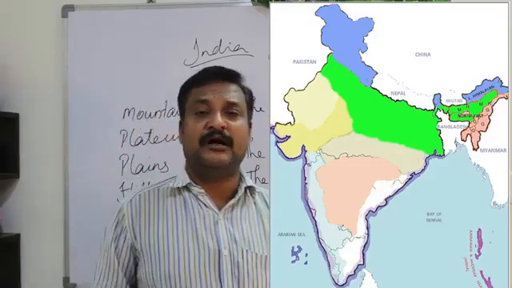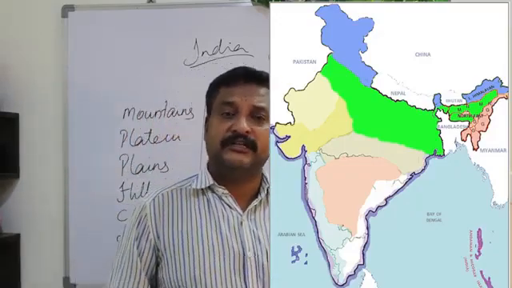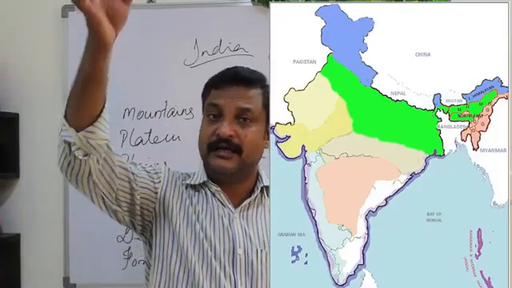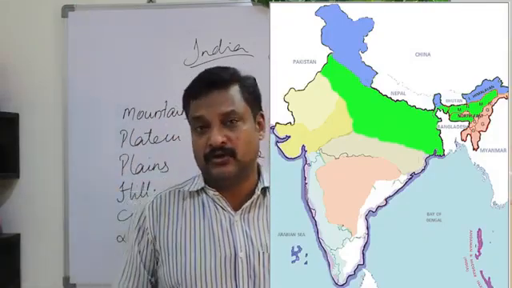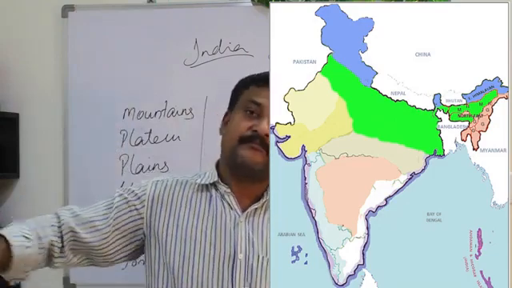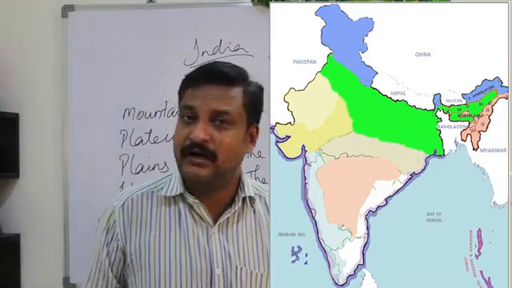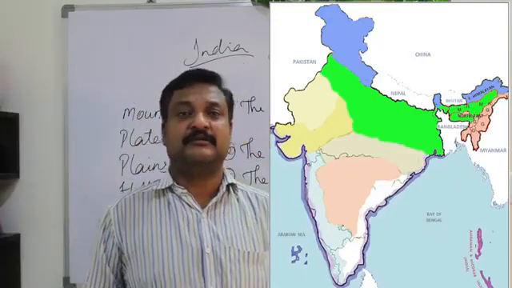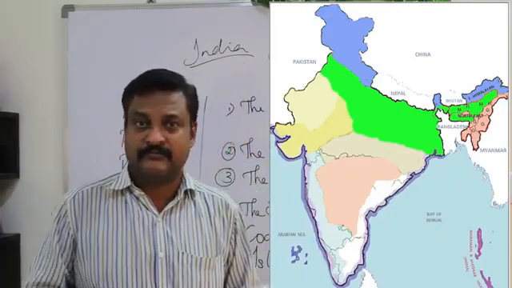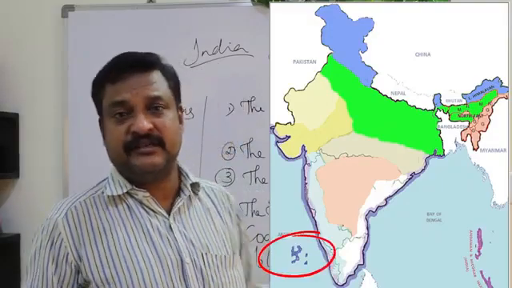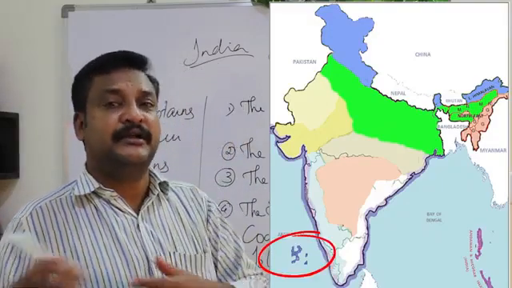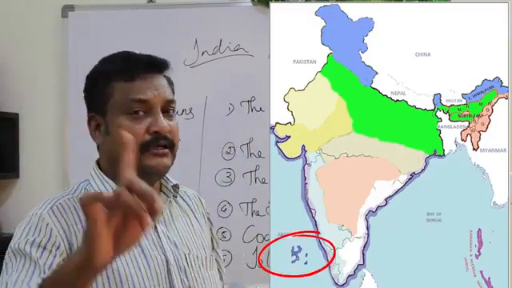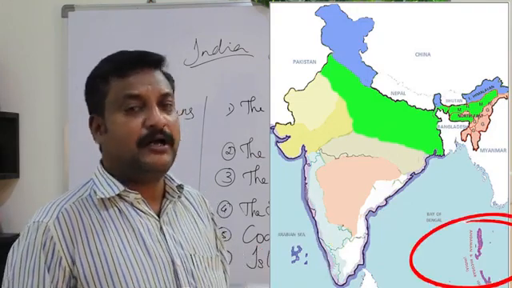In the Bay of Bengal, we have the Andaman and Nicobar island groups. It's a chain of islands. And in the west, in the Arabian Sea, we have Lakshadweep.